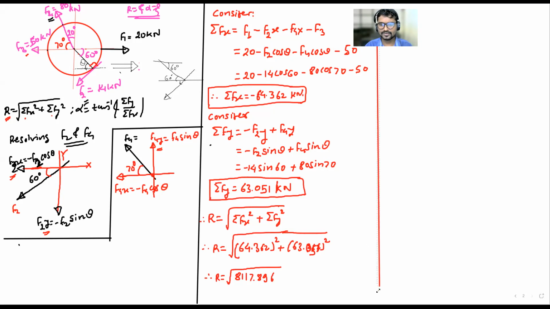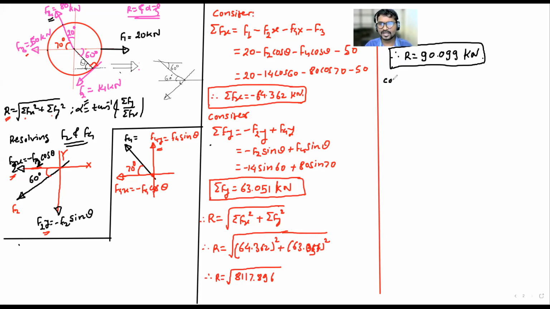Just a minute, I will stretch the line over here. So therefore, resultant R is equal to 90.099 kilonewtons. Check it. It's correct. Yes, sir.